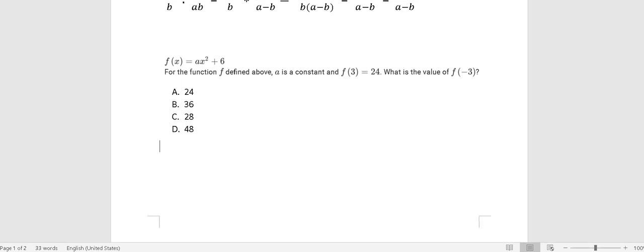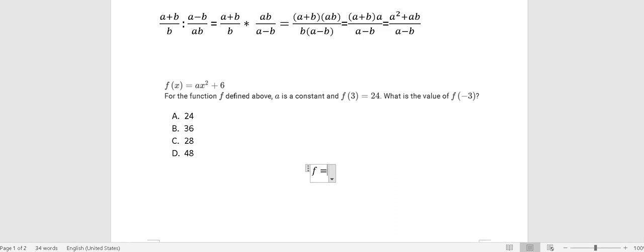So we are first going to write it down. f of x equals a times x to the power of 2 plus 6.